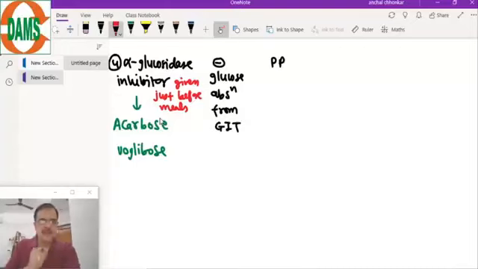The main sugar controlled by this agent is the postprandial sugar, because they act for 2 to 3 hours only.